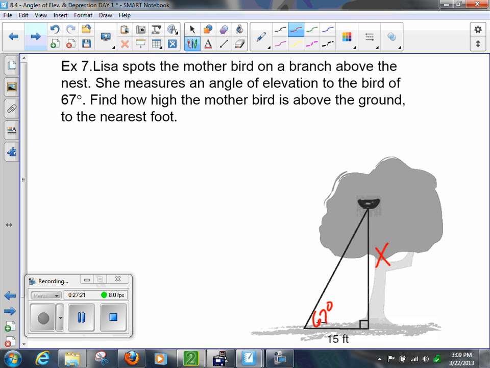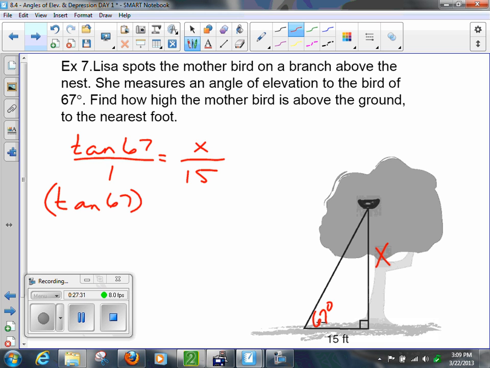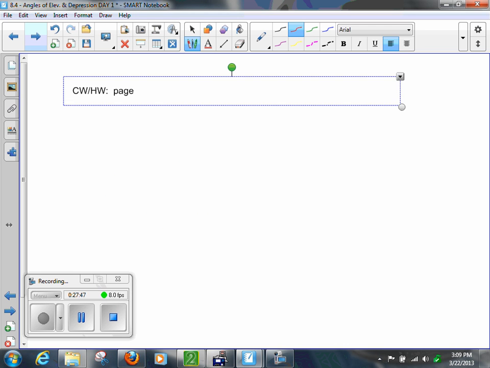And again, we use tangent of 67 equals x over 15. When I cross multiply tangent of 67 times 15, we get x is approximately how much? 35 feet. Does that make sense? Yeah, if she looks at one limb above, then that needs to be higher than the answer you got in the last one, right?